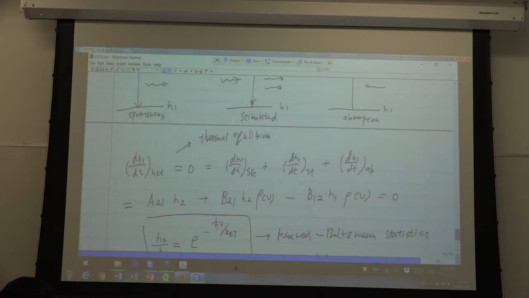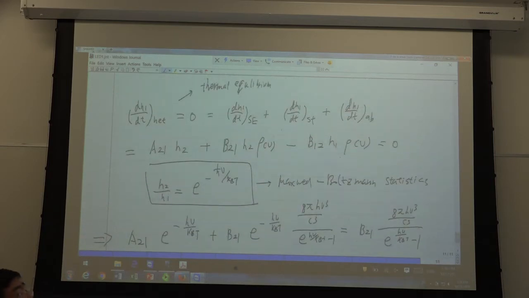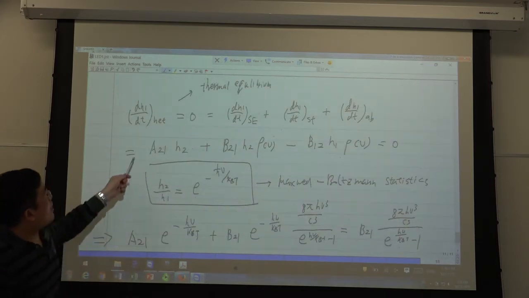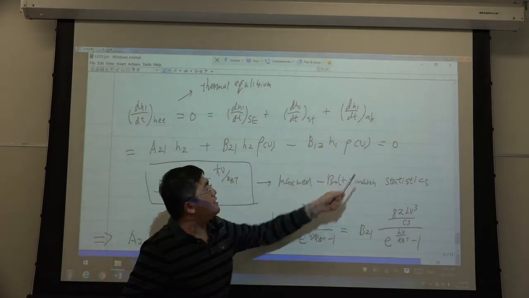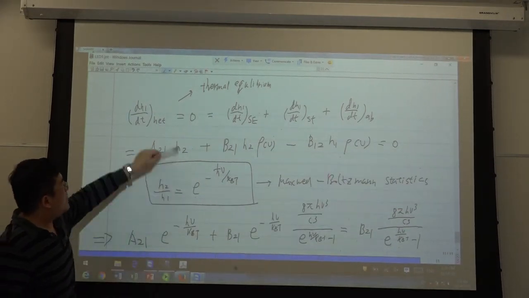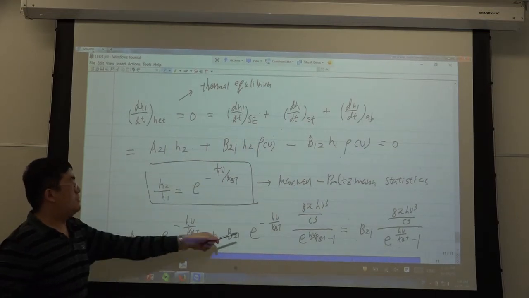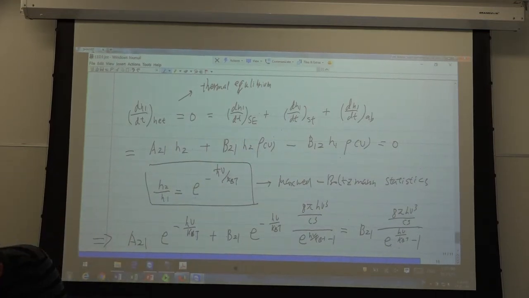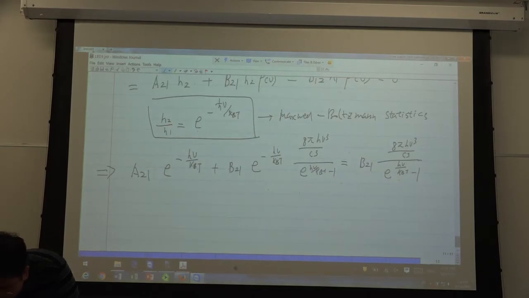This is just detailed balance. That means the net change in the number of atoms at the ground level should balance out: no increase or decrease. So I use this Boltzmann statistic to substitute, and finally I do some algebra.